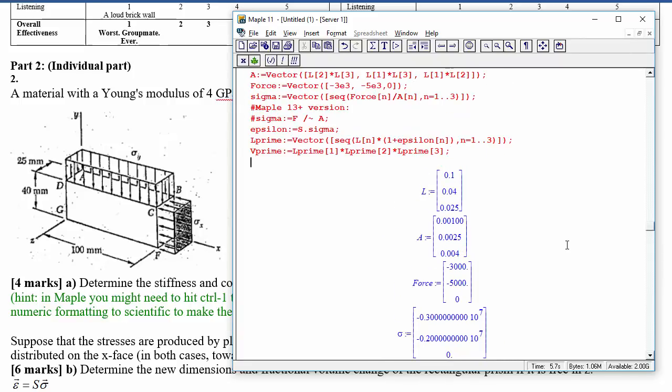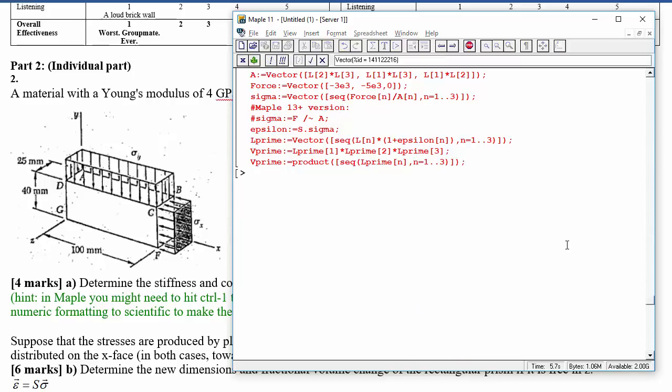So let's see if we can find a better way to do it. V prime is equal to product of the sequence of L prime n, n equals 1 to 3. Let's see if that works.